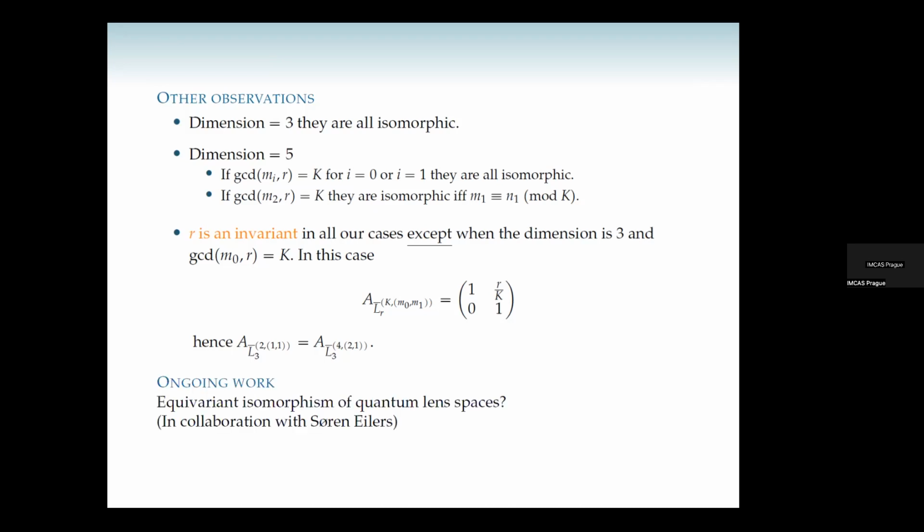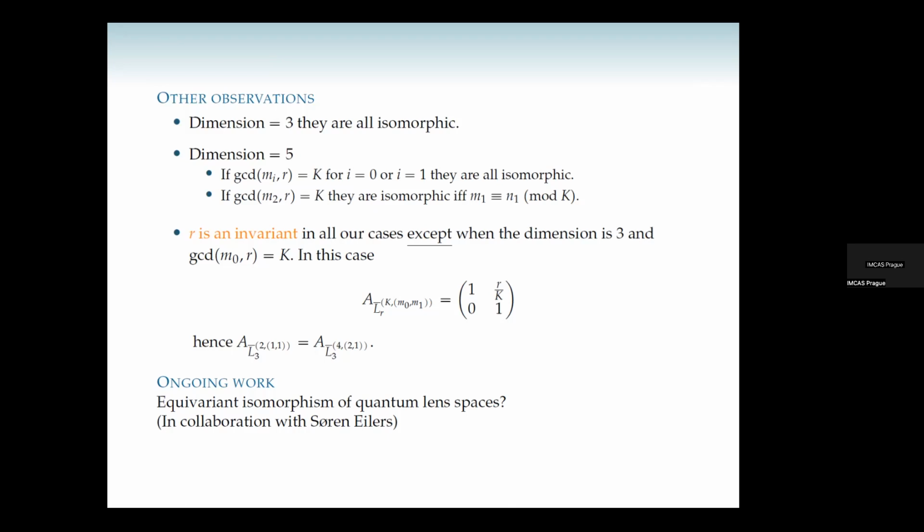Okay, just a very quick word about what I'm doing now, because now we have been looking at isomorphism between quantum lens spaces. And what I'm working on with Søren Eilers now is to see if they are also equivariantly isomorphic, meaning that you have a natural circle action on the quantum sphere, you can put it on your lens space, and then you can ask if you have 2 lens spaces which are isomorphic, are they isomorphic in a way that preserves that action?